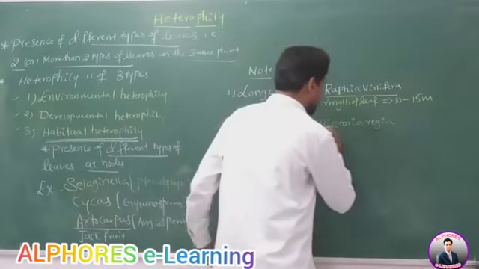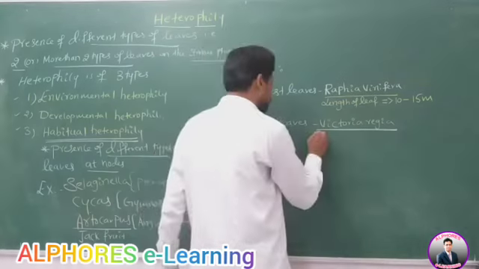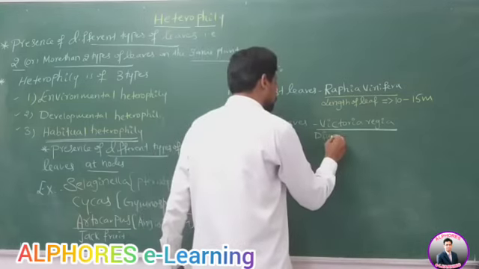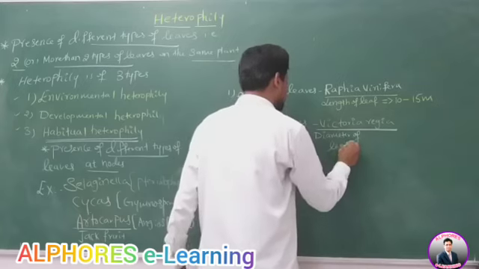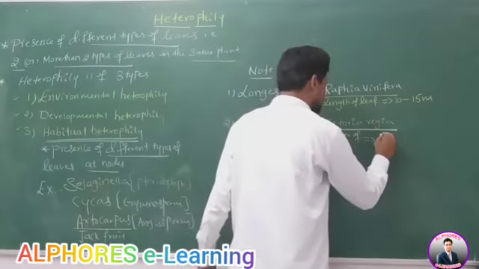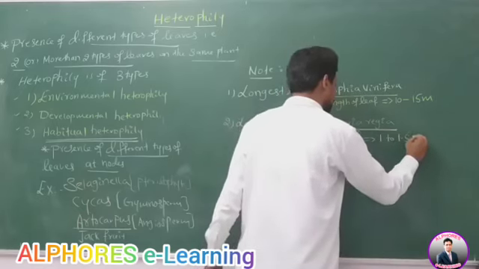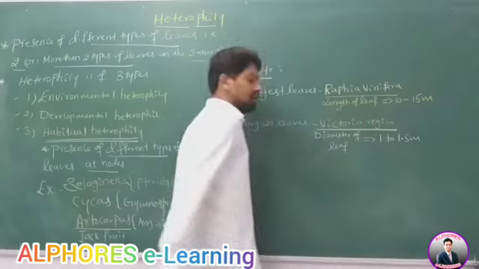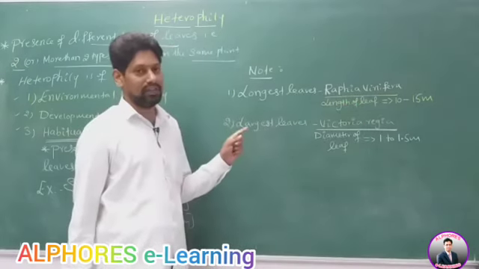We are saying largest, so we are going to see the diameter of the leaf. What is the diameter of this Victoria regia leaf, sir? Its diameter is 1 to 1.5 meters. What is this diameter, sir? 1 to 1.5 meters.